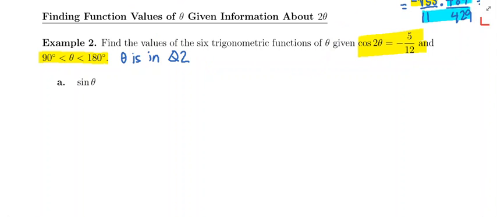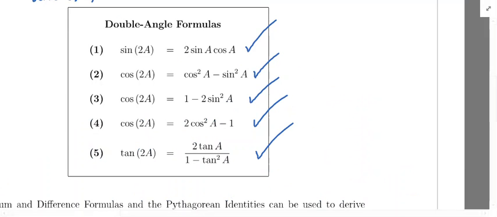So let's think about how we're going to do this. You've got to keep in mind what you're trying to get and what you have to work with. We know information about the cosine of 2 theta, so I'm going to go back to page 1 and look at my 3 formulas for the cosine of 2 theta. Remember the left side is always the cosine of 2 theta, where I'm just replacing a with theta.